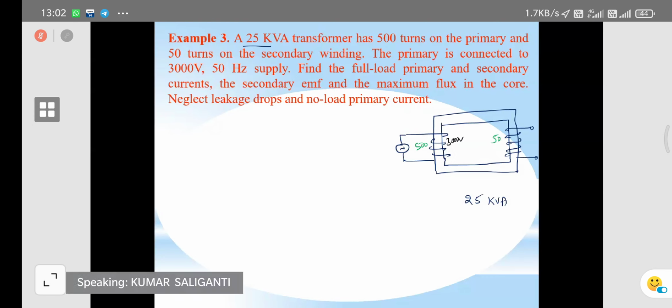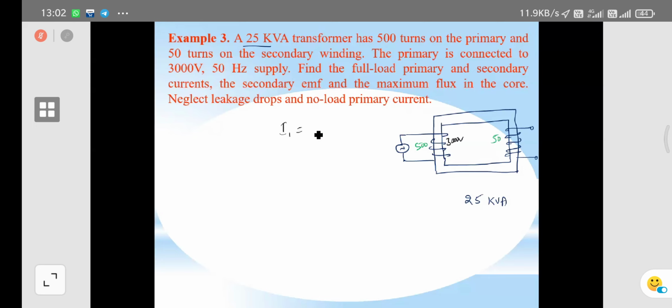Okay, 8.33, very good. 8.33 for primary. So in order to find the answer, I1 equals the KVA rating of the transformer into 1000 by E1.